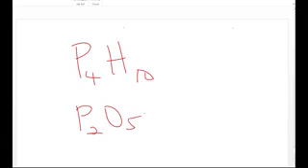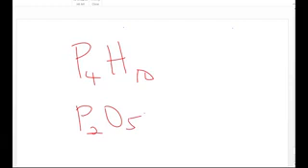Now look at: write the symbol for the following cations. What's the symbol for sodium? Quickly, let's be fast about this one. Na plus. Potassium is what? Ca2 plus. Copper 2 is what? Cu2 plus. Aluminium is what? Al3 plus.